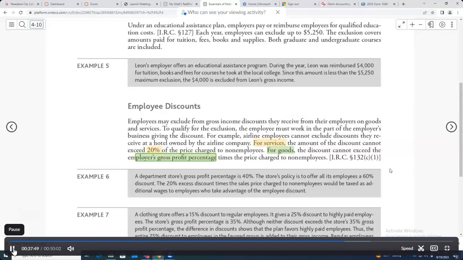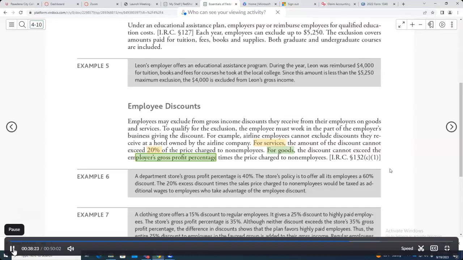So revenue, $100, minus cost of goods sold, $30, gives you a gross profit of $70. $70 divided by $100 sales revenue gives you 70% gross profit. Make sense? So the discount that you receive cannot exceed the gross profit percentage. Got it? Yes?